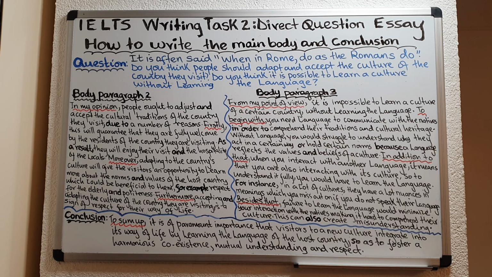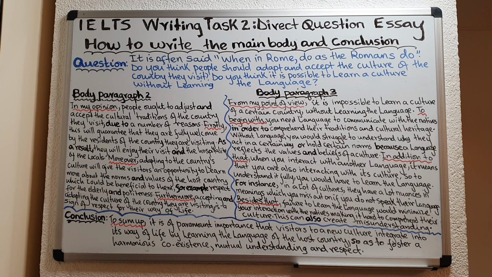So, what we have done in body paragraph 2 is answer the first question: do you think people should adapt and accept the culture of the country they visit? I began body paragraph 2 by answering that question directly. After that, I provided the examiner with 3 reasons to support my opinion.